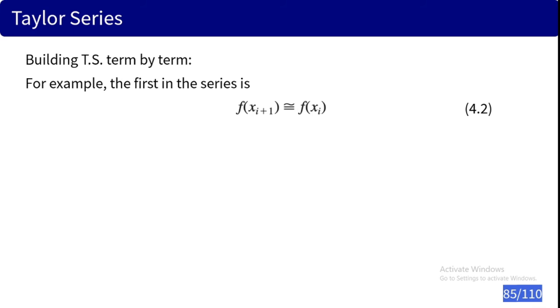So let's go back sa katong first equation na to sa katong Taylor series approximation. We can do an approximation sa Taylor series by doing term by term addition. Okay.